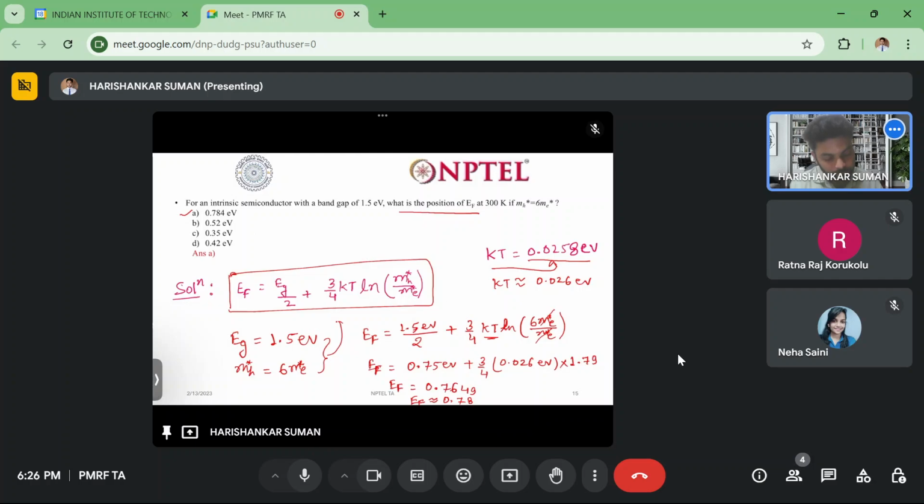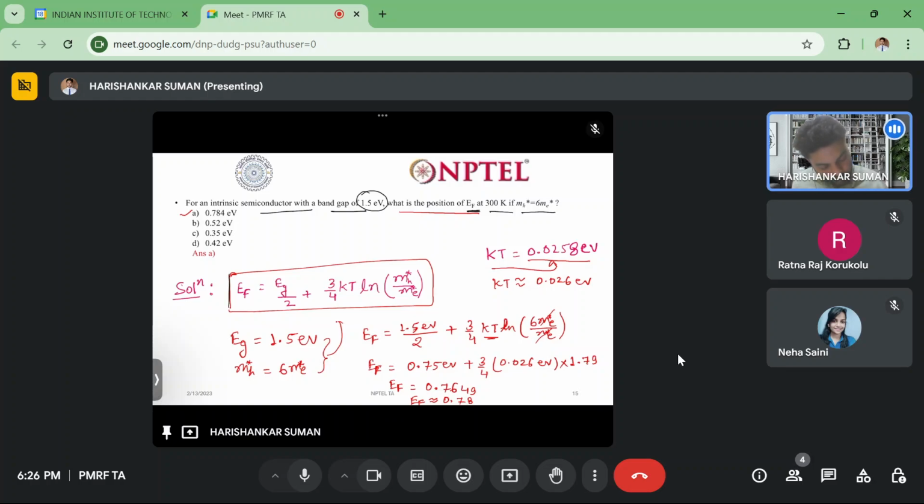Next question, I think we have discussed this. Let's see. Intrinsic semiconductor: the theta and definitions are completed. Now let's move on to the semiconductor part. A semiconductor with a band gap of 1.5 eV is given. What is the position of the Fermi level at 300 Kelvin if the mass of the hole is 6 times the mass of the electron?